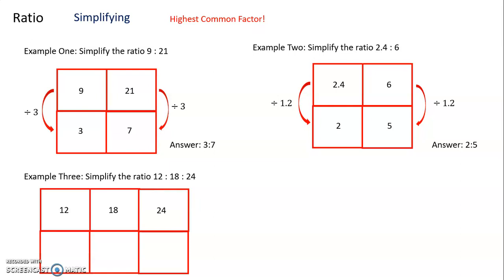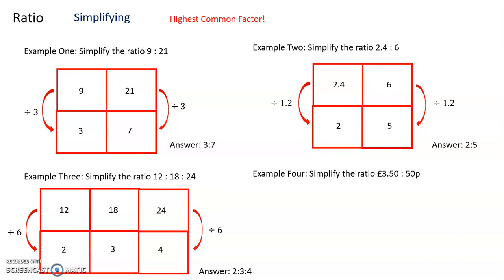And here, hopefully you've spotted highest common factor is 6. So I'm going to divide all 3 parts of my ratio by 6 so that I end up with 2, 3, and 4. And so my answer is 2 to 3 to 4.